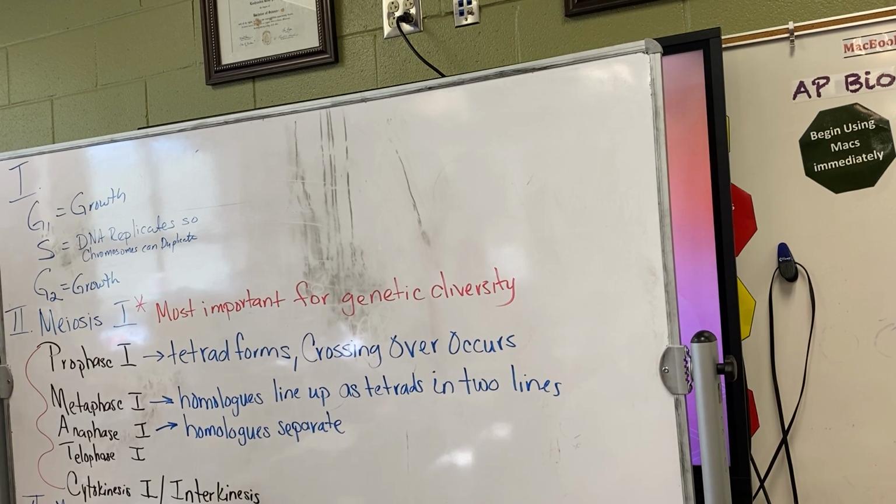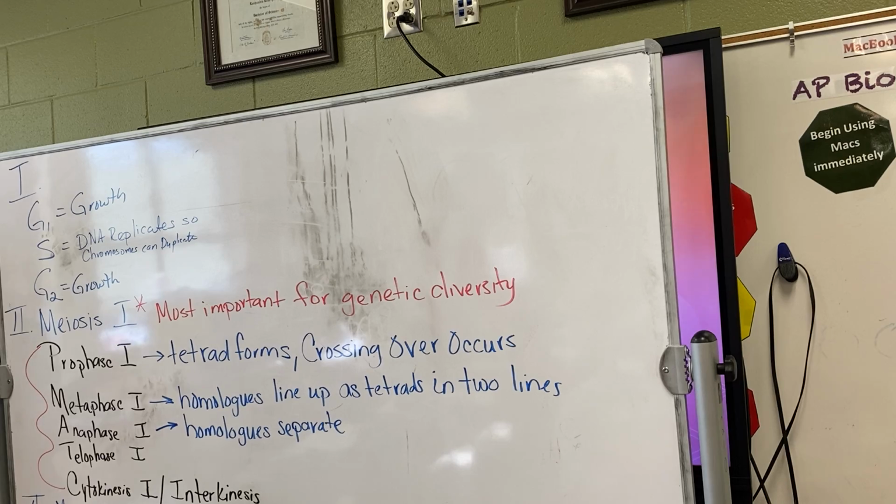Now, the stuff that happens in prophase of mitosis happens here as well, but then there's some extra stuff. The nuclear membrane disappears. The centrioles migrate to opposite ends and form the spindle fibers. The spindle fibers connect to the chromosomes. All of that still happens.